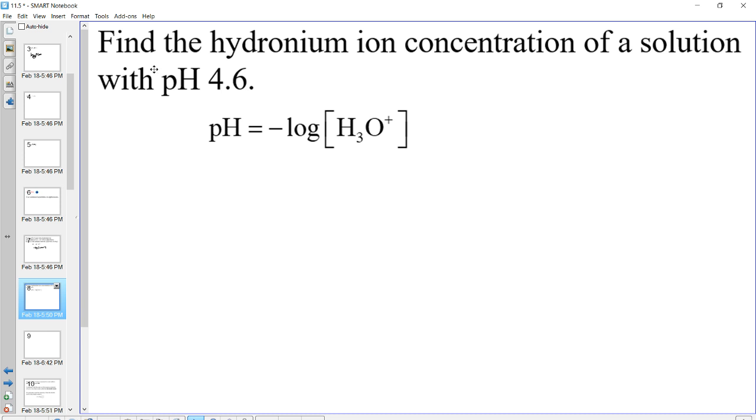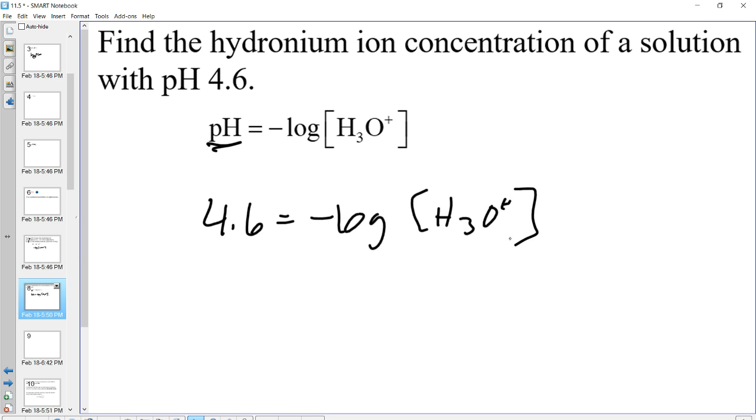Here's the next one. So again, it wants to find the hydronium ion concentration this time, of a solution that has a pH of 4.6. So for pH, I'm going to replace that with 4.6. That is equal to negative log of the hydronium concentration. To do this one, I'm going to want to go back into the power form.